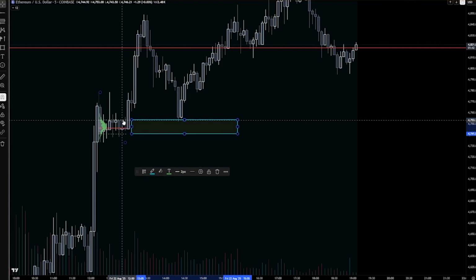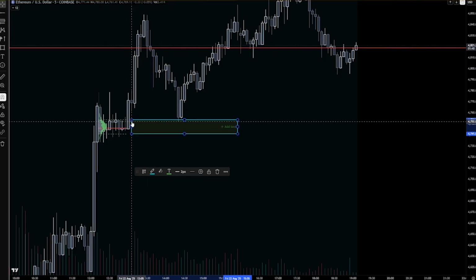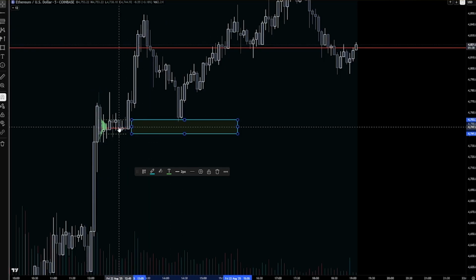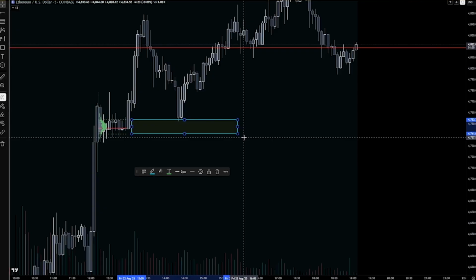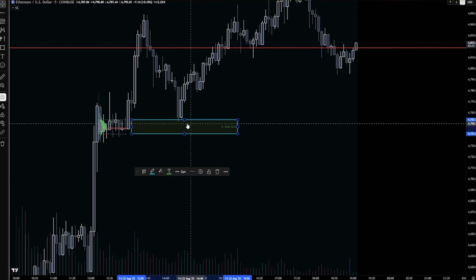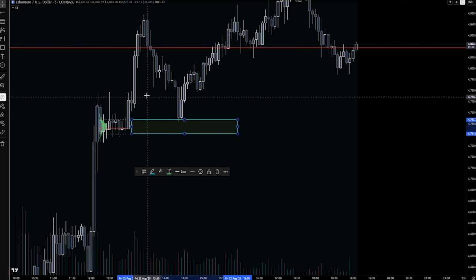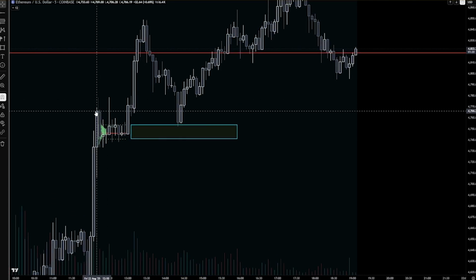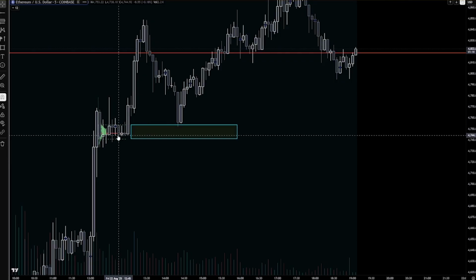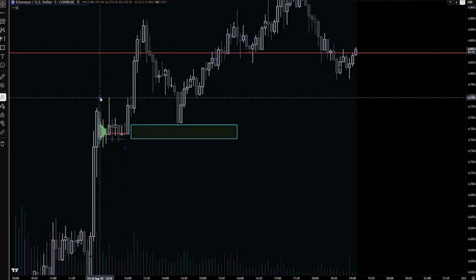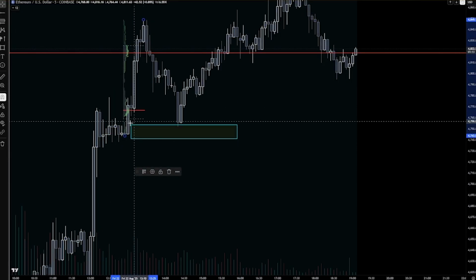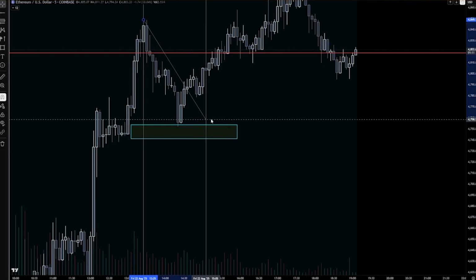So it came back, tapped that consolidation value area, and bounced. That doesn't mean it's going to happen every time, but that's one way that you can play even low time frame ranges to have a little bit of extra confluence.